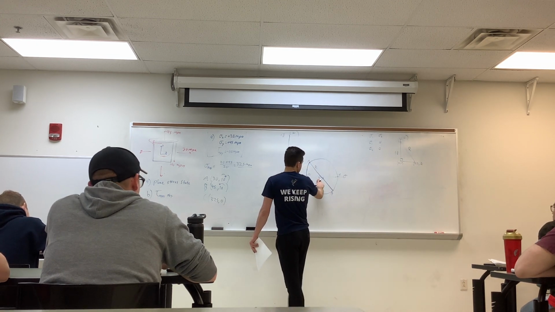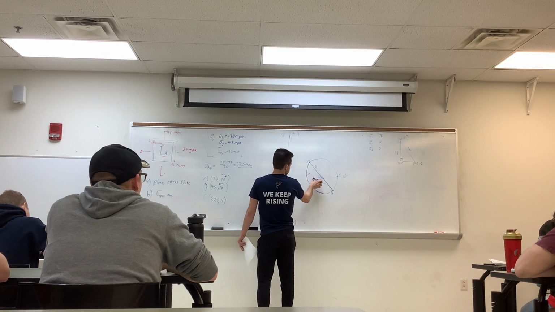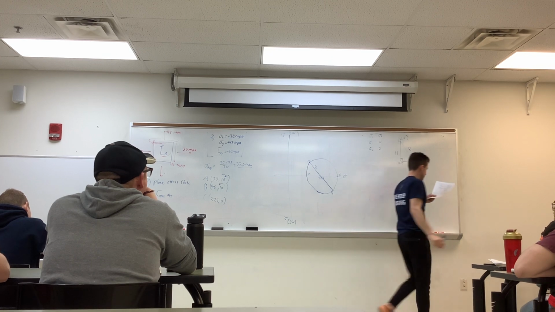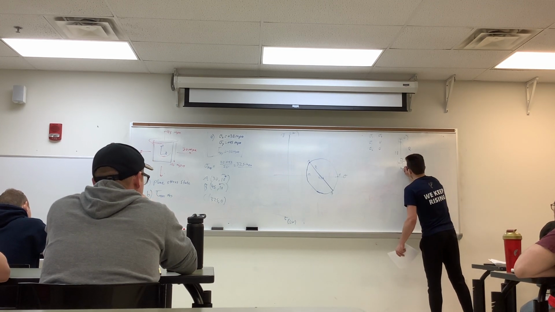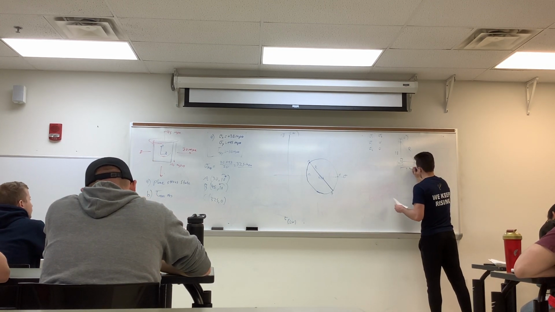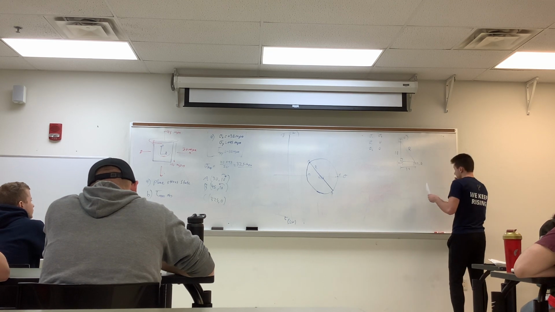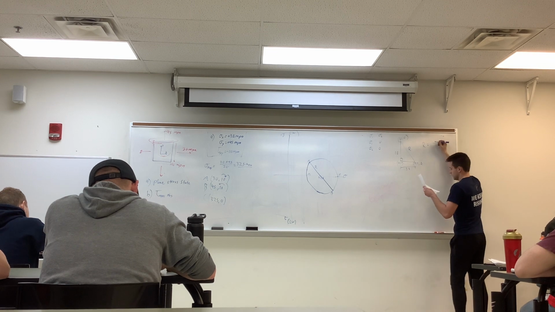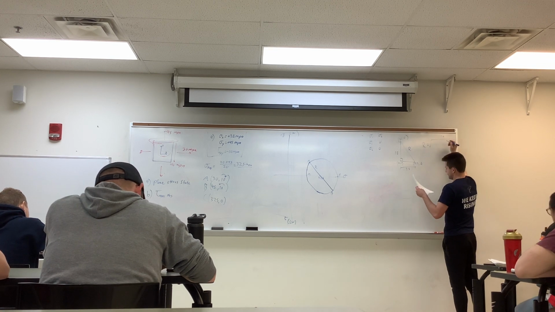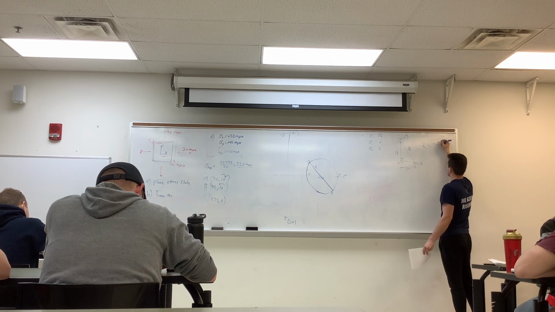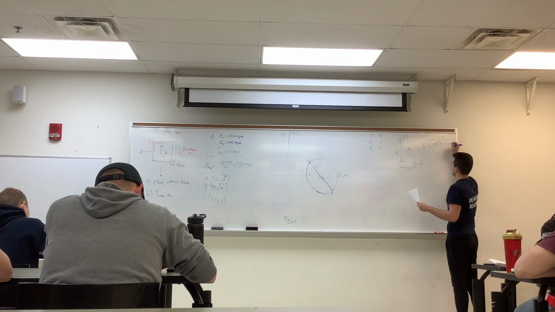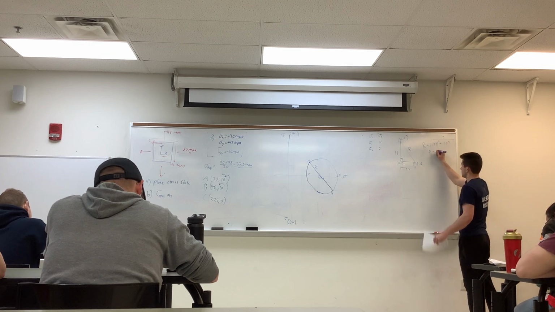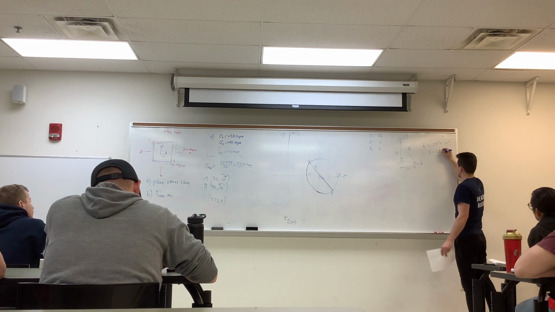So the center is at 37.5, and this distance is from 30, so this distance here is 7.5. So we can solve for our radius using the Pythagorean theorem. We have 7.5 squared plus 10 squared, radical of all that, we get our radius to be 12.5 MPa.